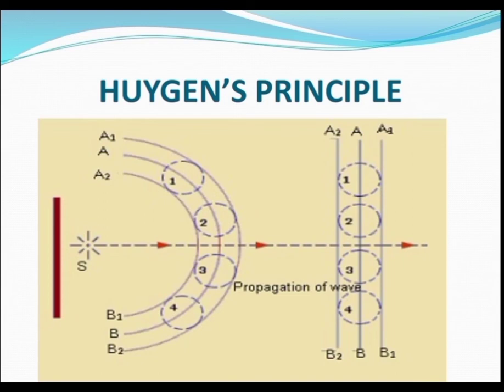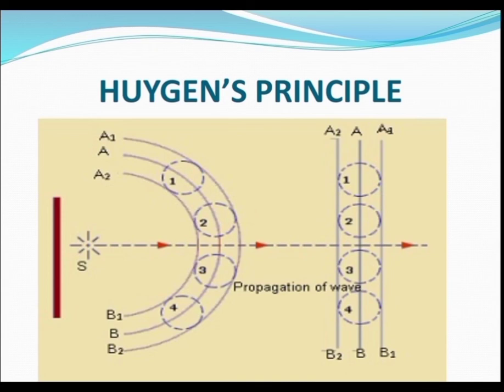So, spherical wavefronts are formed, which are shown by the numbers 1, 2, 3, 4 and so on in the diagram. Draw tangents A1, B2 and A2, B1 on these spheres. These tangents are the secondary wavefronts, but the wavefront in the backward direction is not possible. So, wavefront A2, B1 is not possible.